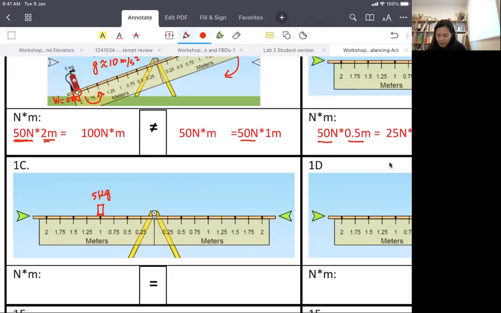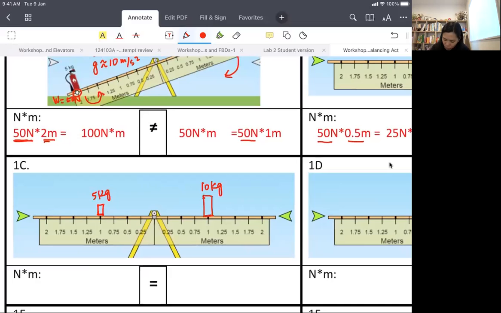If I took a 10 kilogram mass and I placed it the same distance away from the pivot point, do you think this will be balanced? Here, a 5 kilogram mass 1 meter away from the pivot and a 10 kilogram mass 1 meter away from the pivot. No, right? Obviously, they're at the same distance relative to the pivot point, but the one on the right is heavier. So obviously, this will tip over.